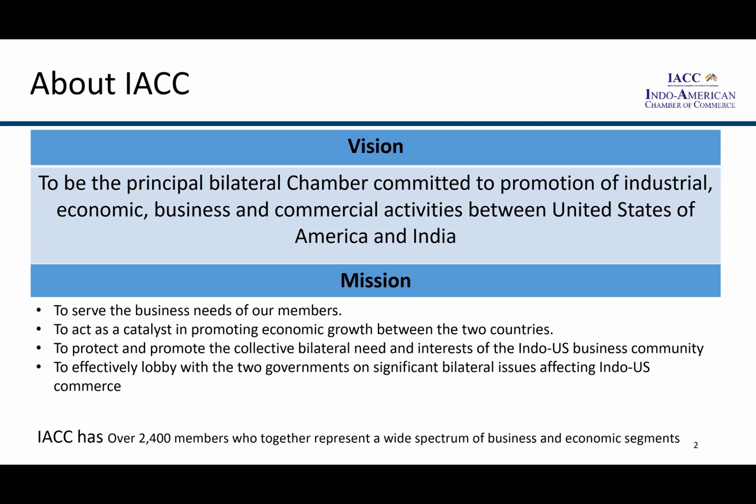IACC promotes bilateral trade, investments, and technology transfer, facilitates business collaborations, joint ventures, marketing tie-ups, and strategic alliances through a set of proactive business-oriented initiatives. IACC also acts as a catalyst in promoting economic growth between the two countries, with over 2,400 members in India representing various segments across manufacturing, logistics, fintech, financial, real estate, and others.